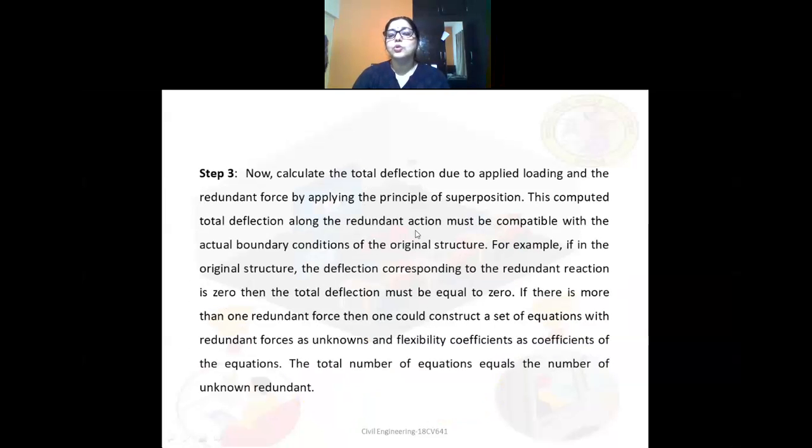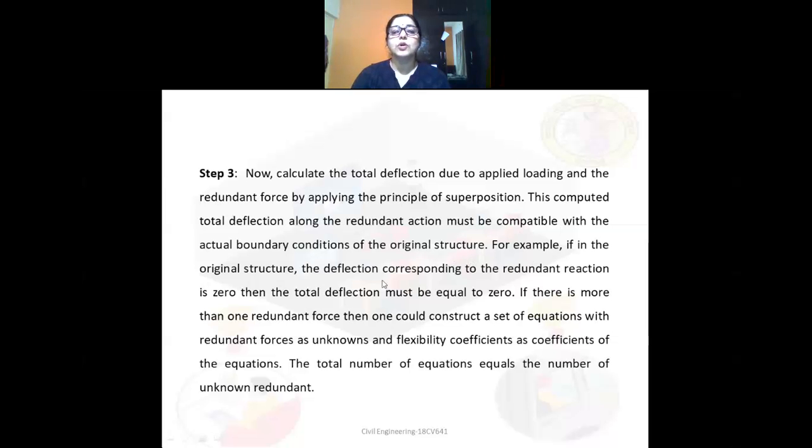Now calculate the total deflection due to the applied loading and redundant force by applying the principle of superposition. This principle of superposition concept I explained in the previous sessions. This computed total deflection along the redundant action must be compatible with the actual boundary conditions of the original structure.